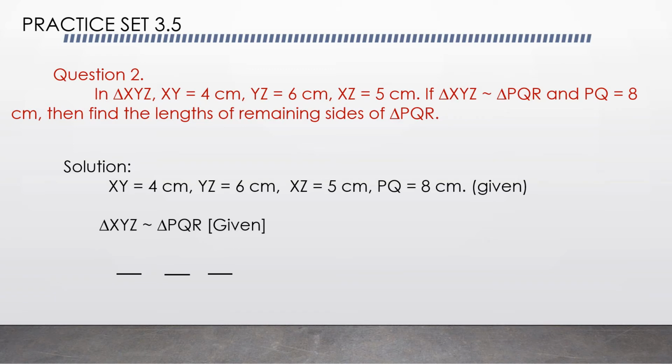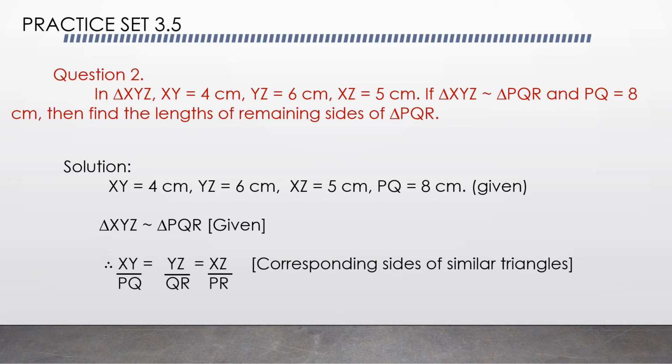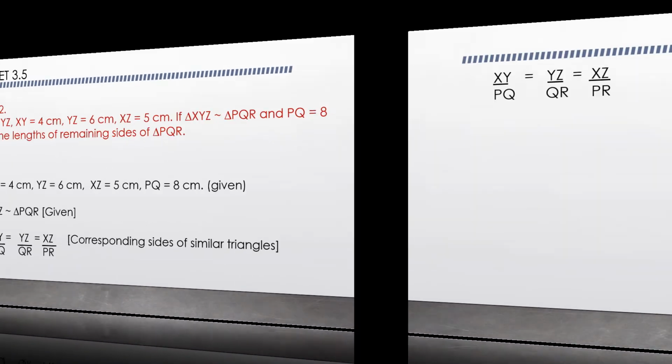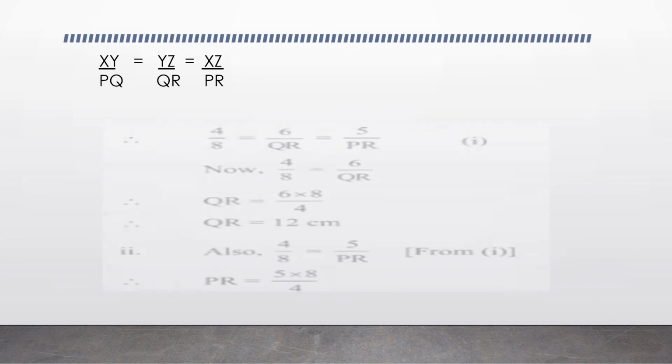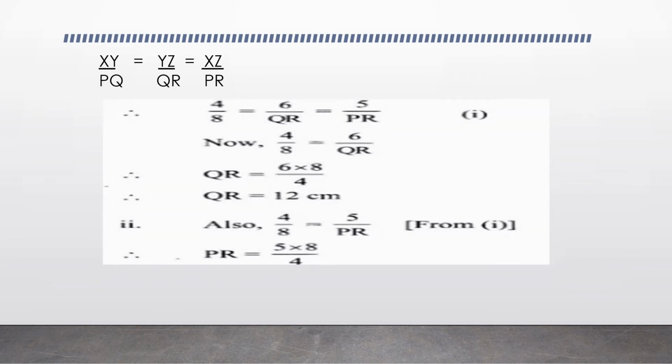And therefore, corresponding sides: XY upon PQ is equal to YZ upon QR is equal to XZ upon PR, because of the corresponding sides of similar triangles. Substituting the values, 4 upon 8 is equal to 6 upon QR is equal to 5 upon PR. That is equation number 1.